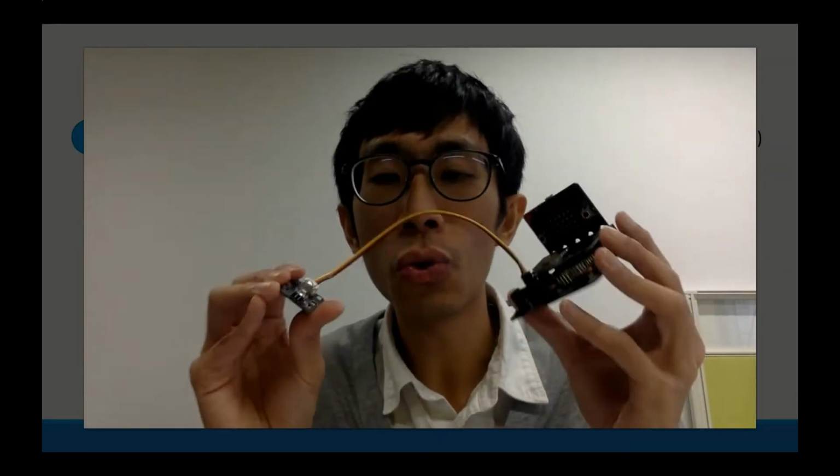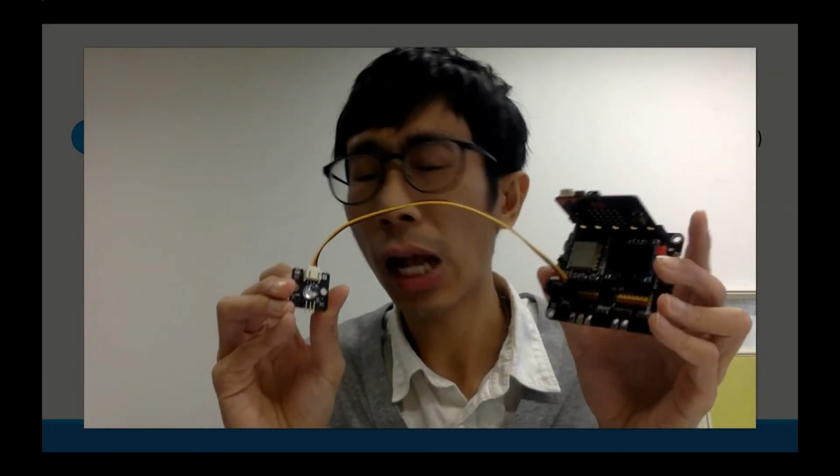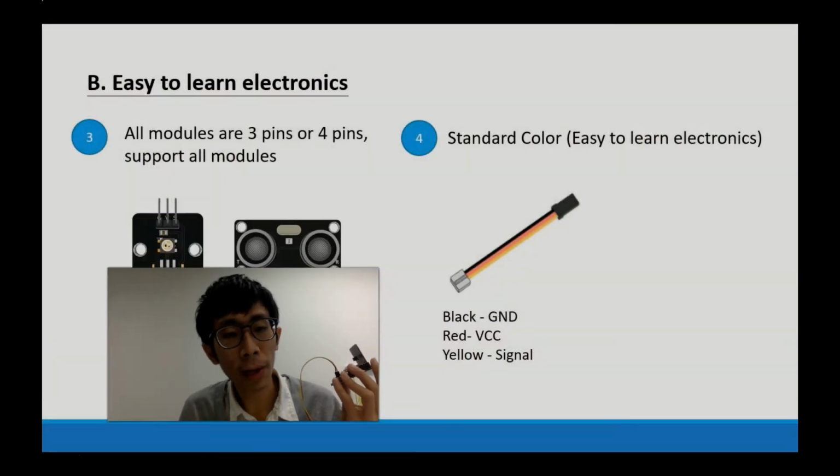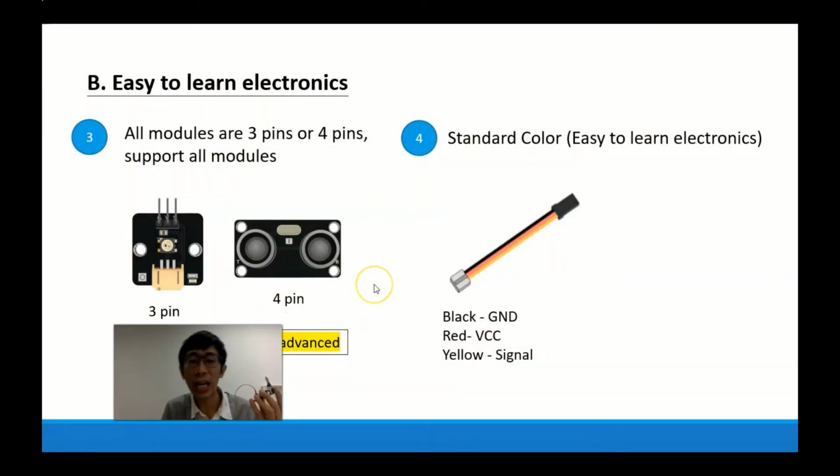So we successfully connected one of the modules to the IoT bit. Okay, so the modules have 3 pins and actually 3 colors. We just tried to connect one module on the IoT bit, which is the processor and core with the micro:bit.